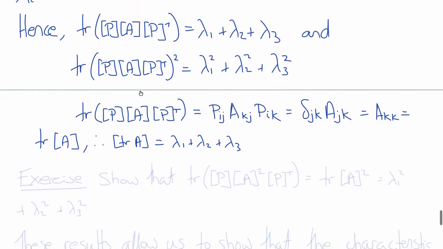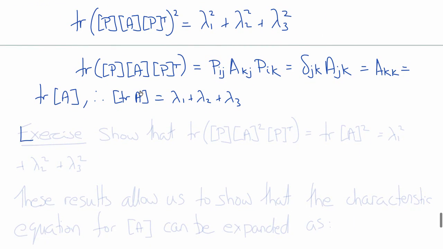As an exercise, you can use the results above to show that the trace of P times A squared times P transpose must be the trace of A squared, which must be the sum of the squares of the eigenvalues, lambda 1 squared plus lambda 2 squared plus lambda 3 squared.